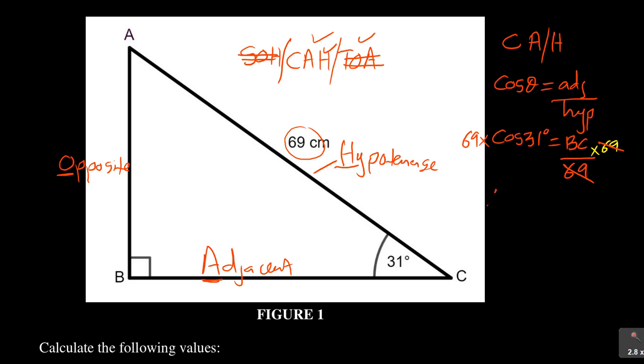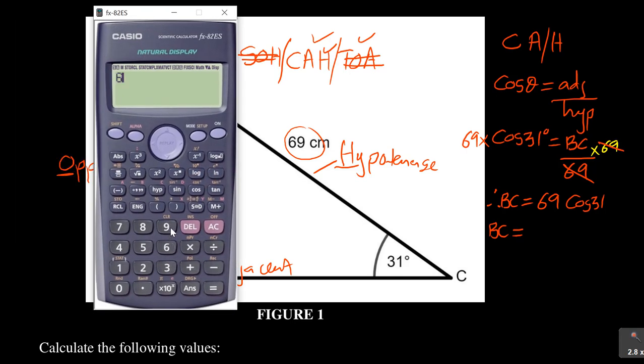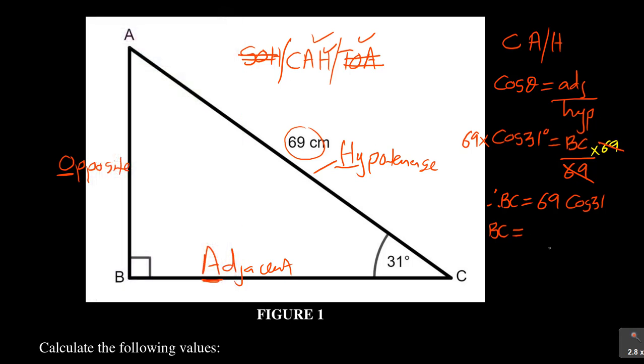Therefore BC is equal to 69 cos 31, and the BC in this case will be 53,623, as you can see, rounding off to 3 decimal places there. You can use the shift setup 6 and 3, it will come out like that, 53,623.